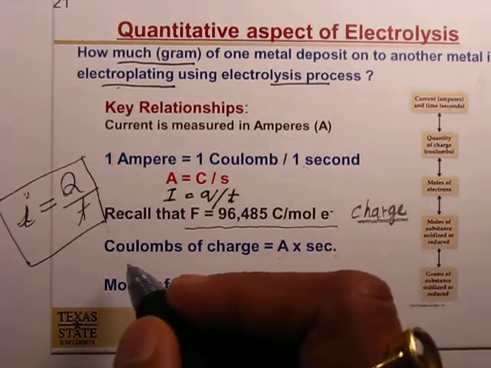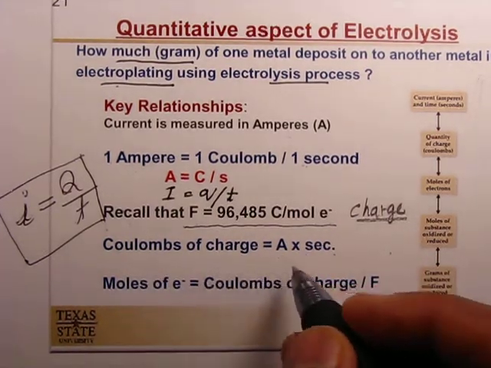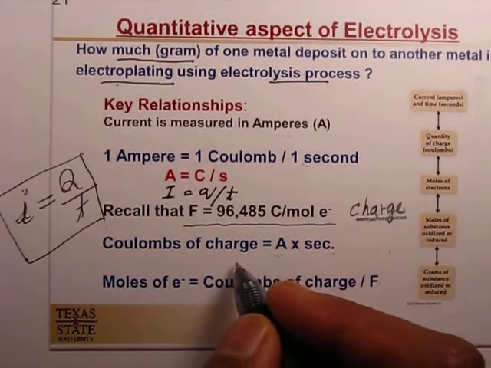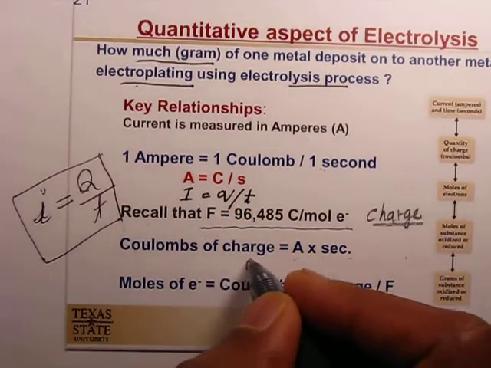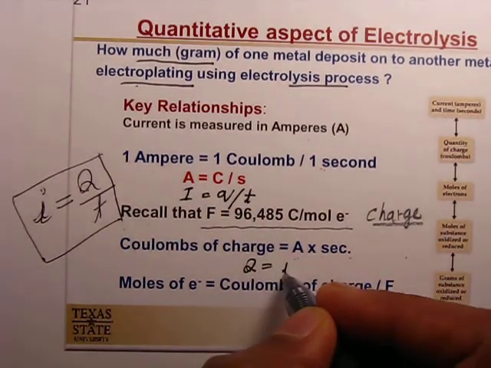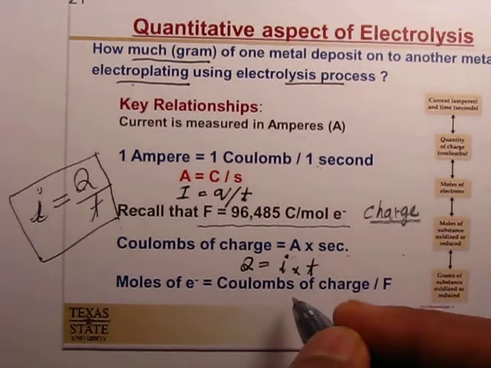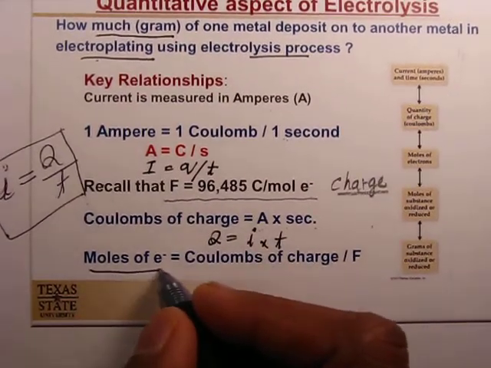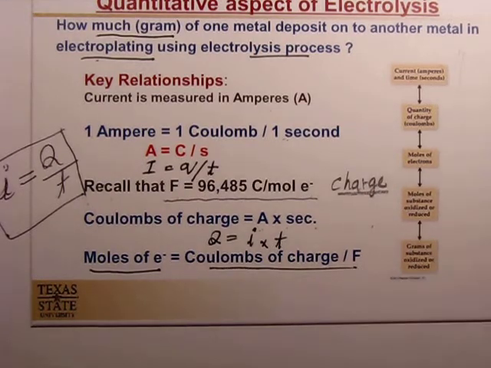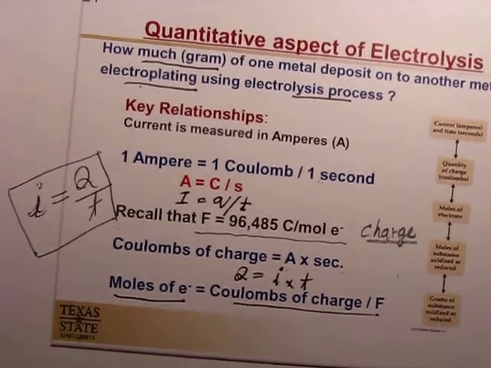This is a constant. And the coulomb of charge, this is basically the same formula, Q is equal to I times T, time, and the number of moles of electrons will be equal to coulombs of charge divided by the Faraday constant.